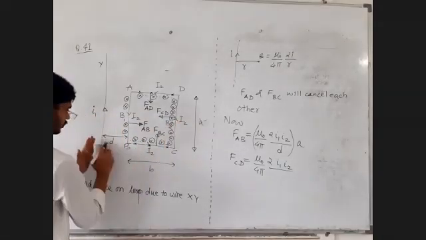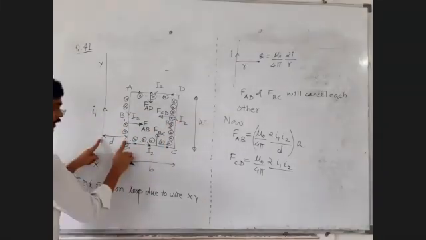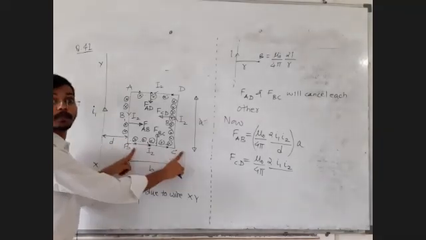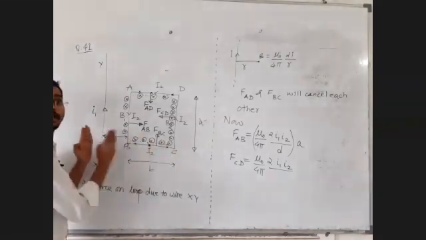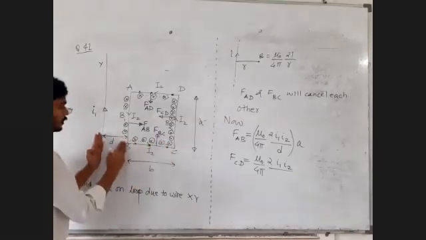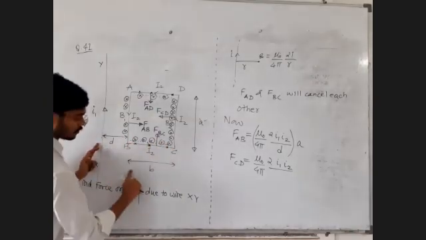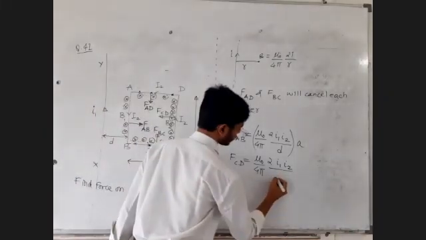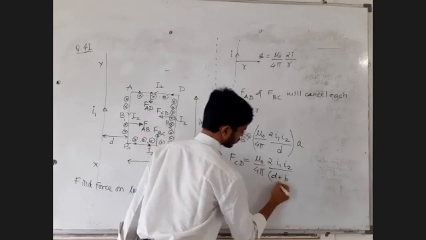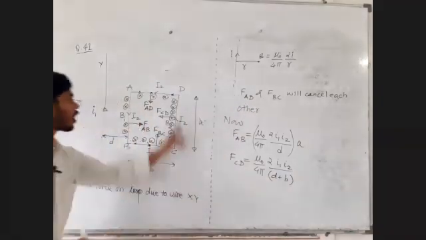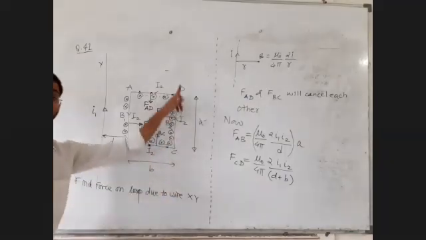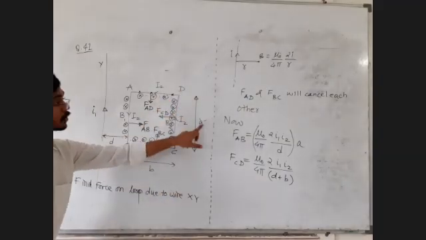R means D plus B, the total distance D plus B. 2 I1 I2 upon R, where R is D plus B. This is the force per unit length of the wire CD. Force per unit length into your length. What is your length? Small a.